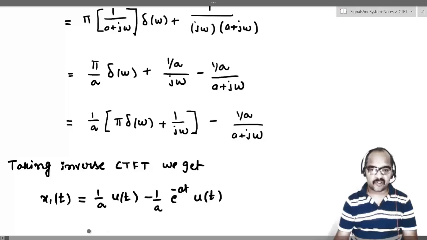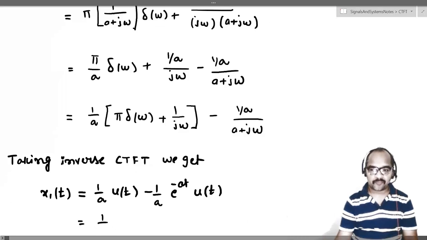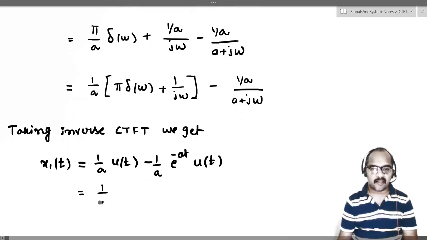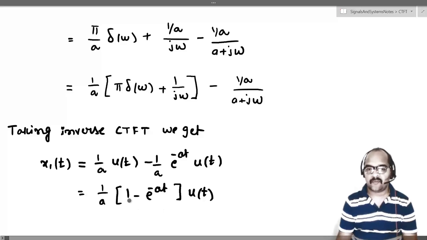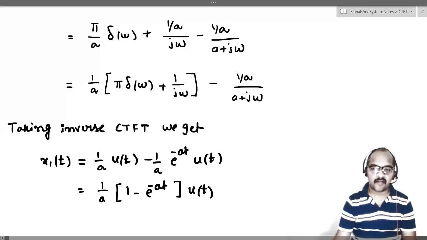So this would be equal to, we'll write down in a nice way, 1 by a times 1 minus e power minus a t u of t. So we can write these two terms combinedly in this form. So finally what did we get?